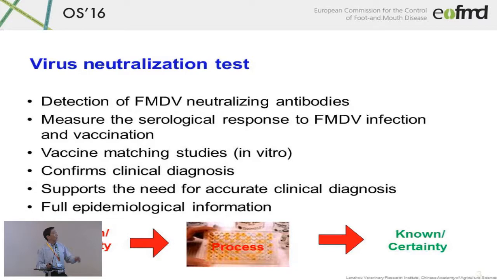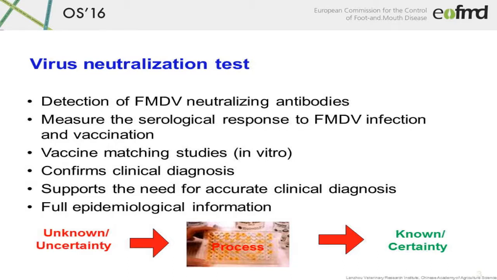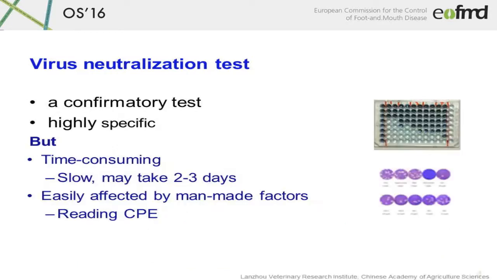Particularly in FMD-free countries, the VNT can also be used for confirmation of clinical diagnosis, and can provide some information about epidemiology in the field. So this test we can consider a confirmatory test.